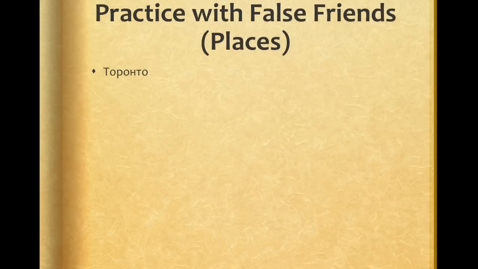Okay, so let's practice with our false friends. These are all places. Okay, this one's in Canada. Toronto. Good. And this one, we've seen that one lots so far. Moskva. This one is an American state.